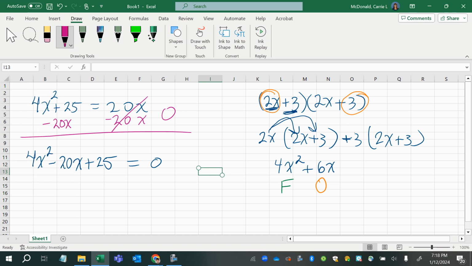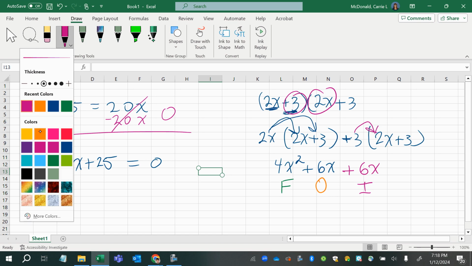Moving on, we're going to multiply the 3 times 2x so that we get another term of 6x. And notice that that just happened because we multiplied the two inner terms. So that's where the I in FOIL comes from.